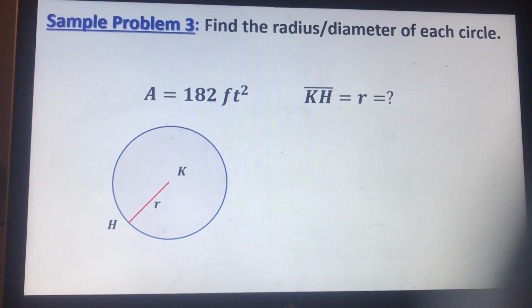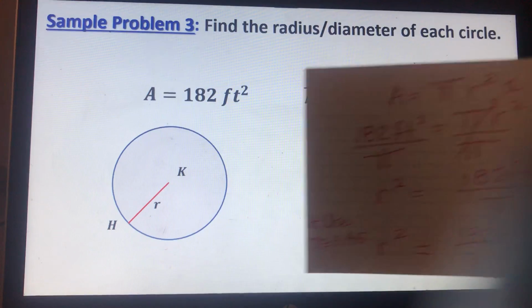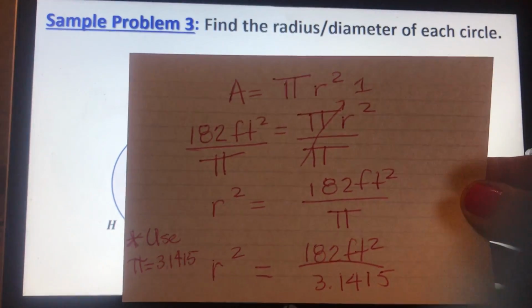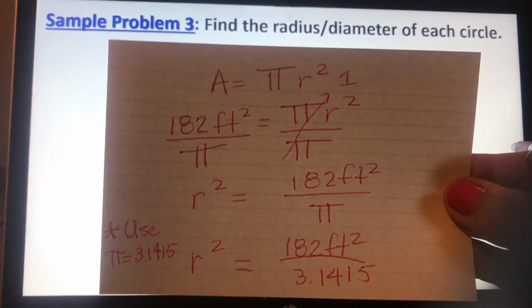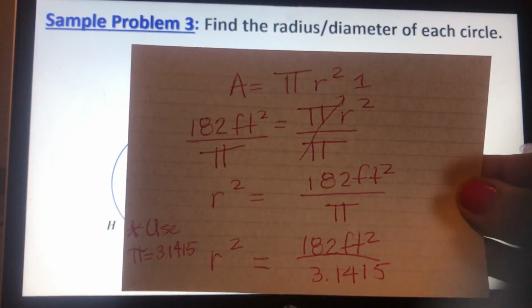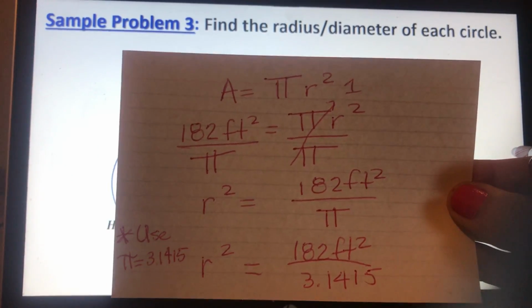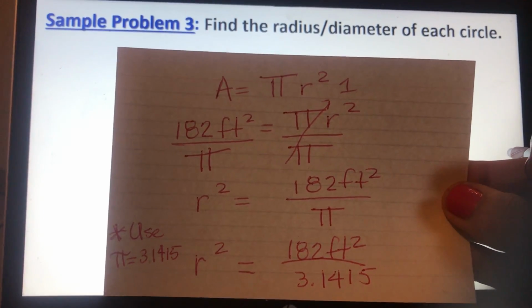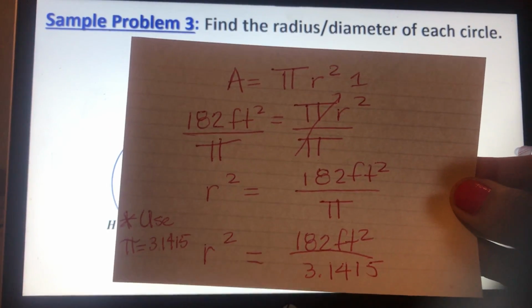Now, what do we know for this particular problem? We know that the area is equal to pi times R squared. We substitute the area, which is given as 182 square feet, equal to pi times R squared.